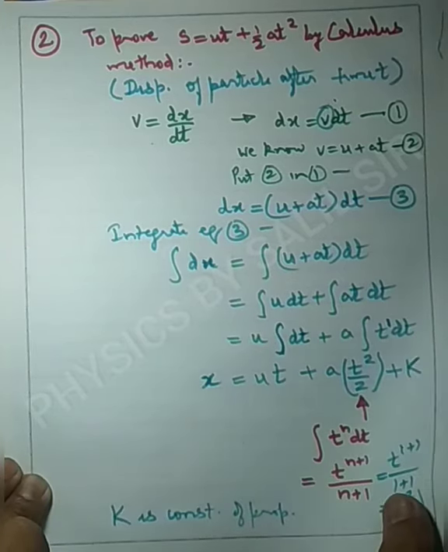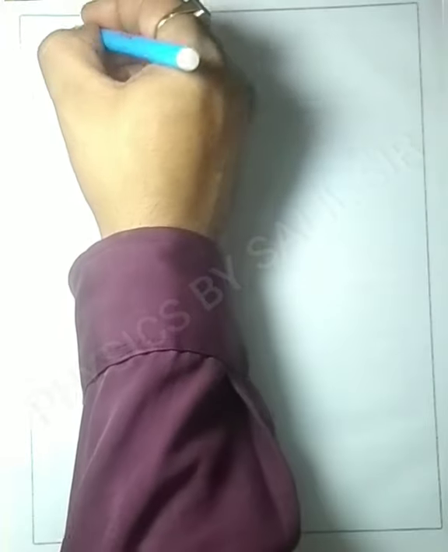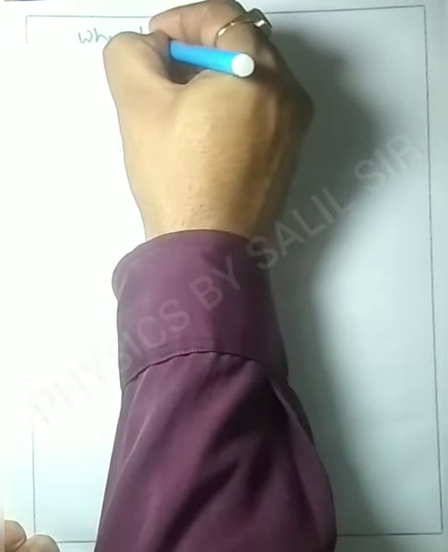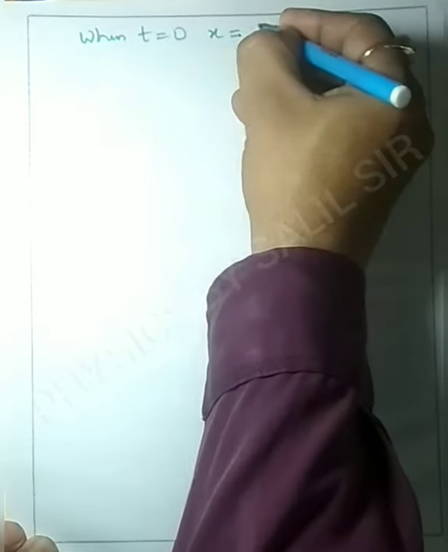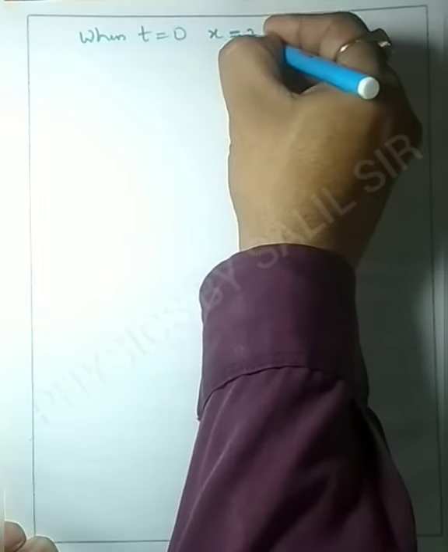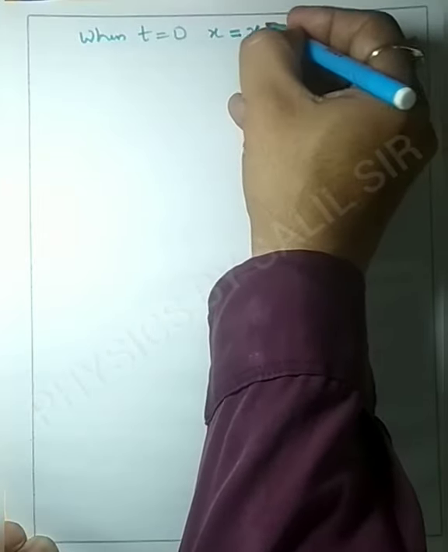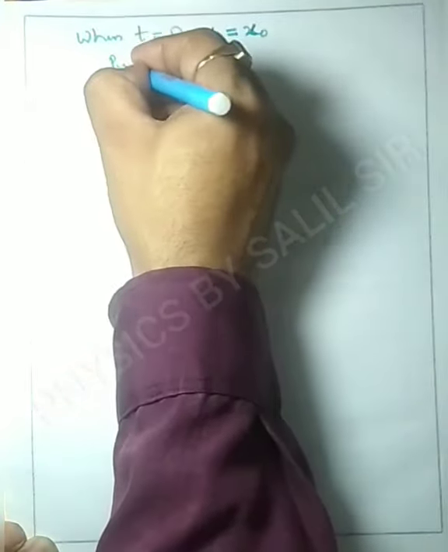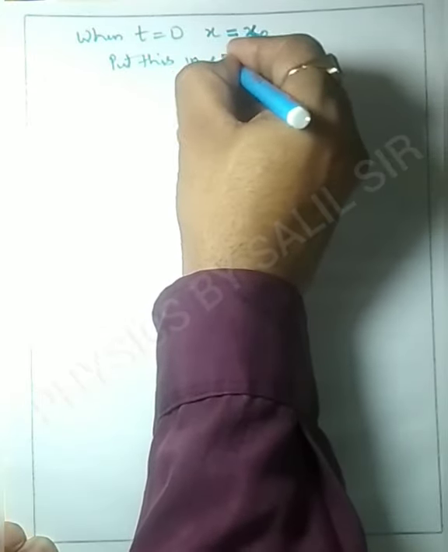And again, as we have done in the previous proof, when t is equal to 0, then x, meaning displacement, will be represented by x naught. Now put this in equation, which equation?